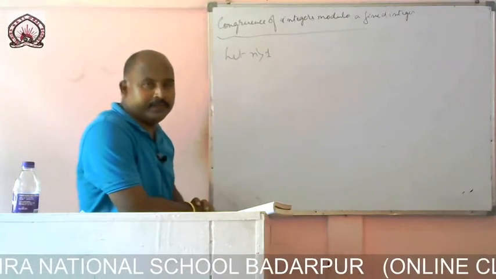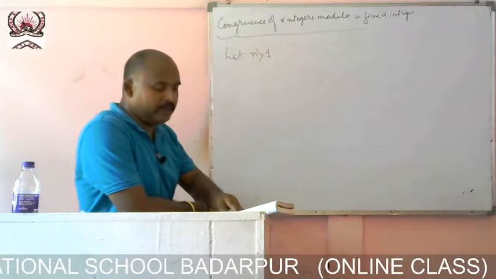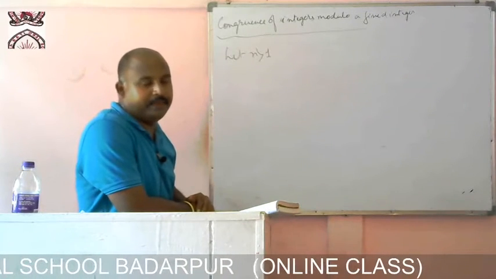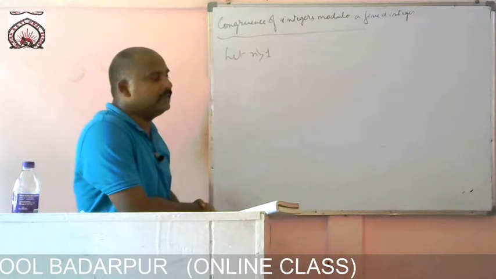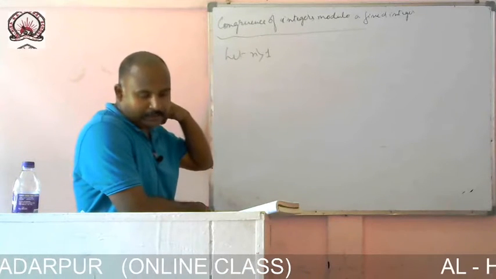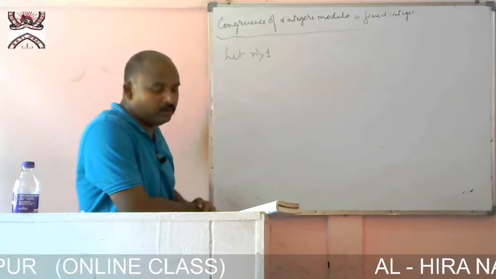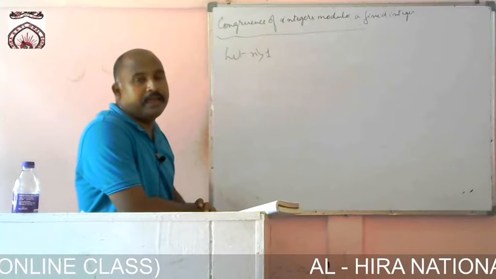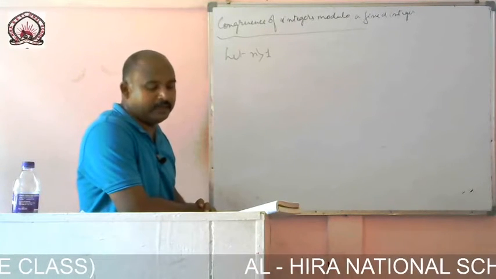There are two integers a and b which are said to be congruent modulo n if a minus b is divisible by n.